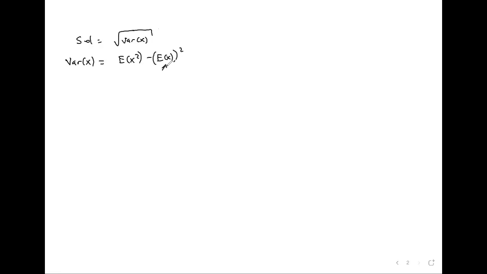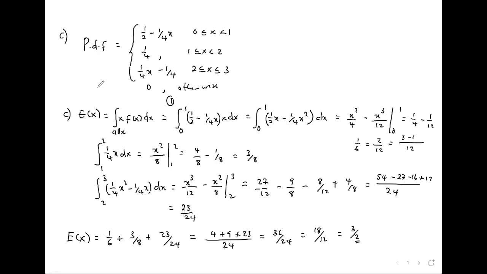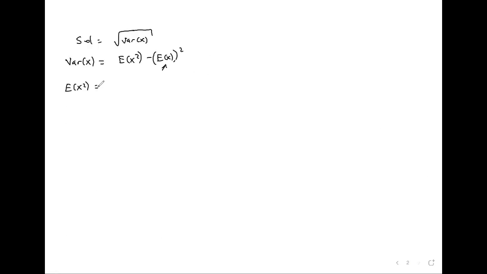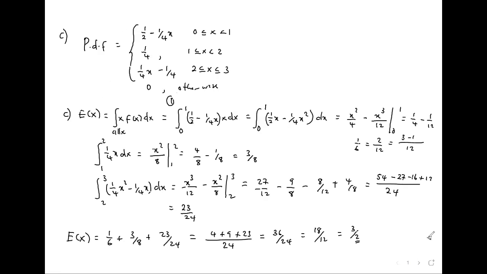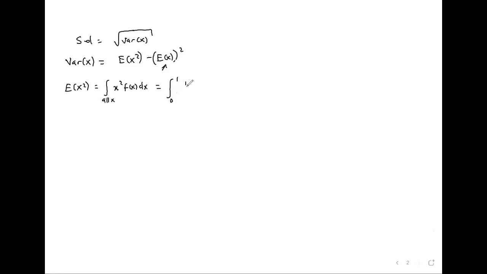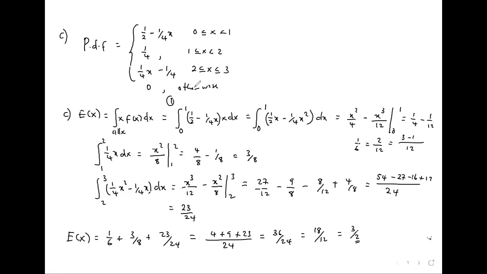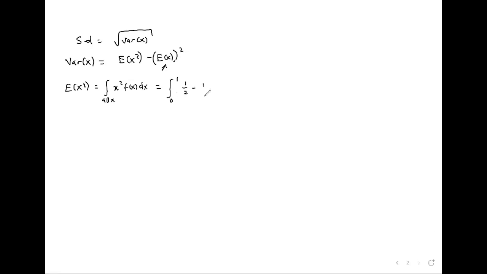Now we have already found this, so we need to find this. Again, the integral of all these pieces by multiplying x squared. Remember, by definition, this is the integral of all x squared f(x) dx, which is first from 0 to 1, (1/2 minus 1/4 x) multiplied by x squared dx.